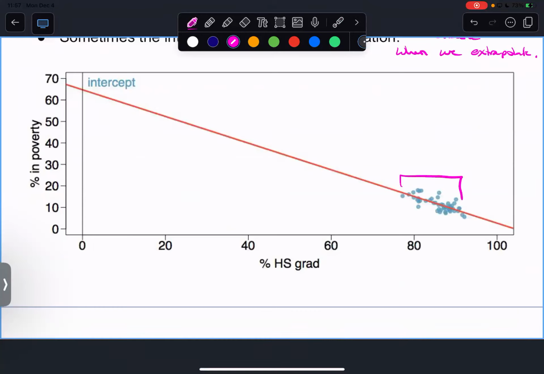When we predict within the range of the data, we call it interpolation. Okay, so interpolation, just as a note, this is where we have reliable predictions.